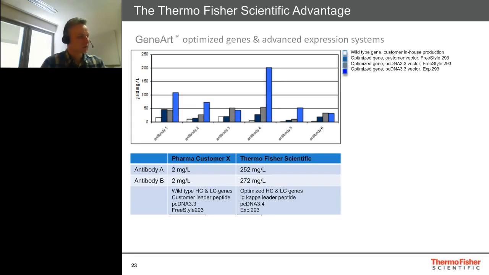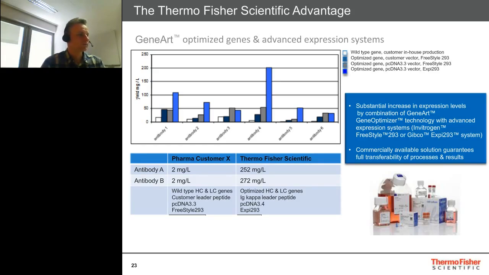And we said, okay, can we please use an optimized gene and our leader peptide and our expression system? And they said, yeah, that's okay. Then we could produce the 250 milligrams already in 1 liter. So that really was a nice outcome, and shows again the advantage of the combination of optimized genes and expression system.